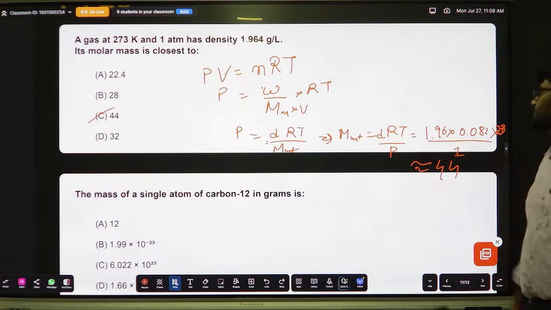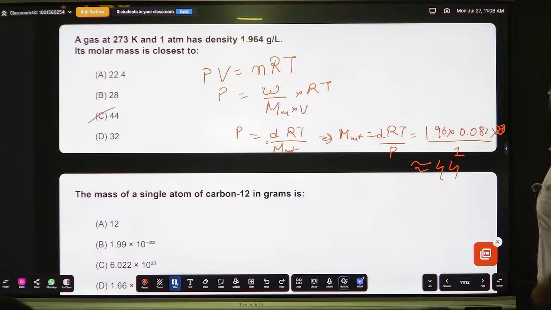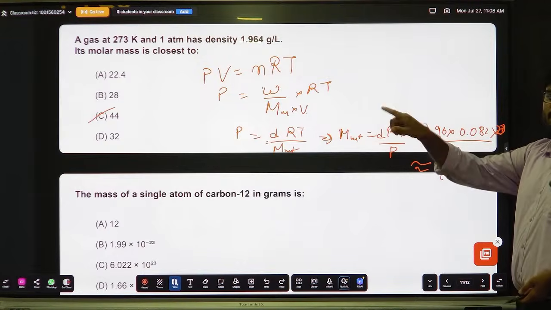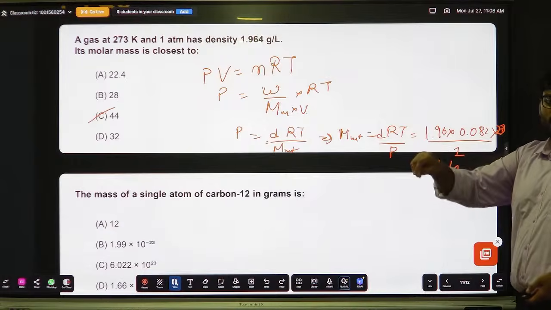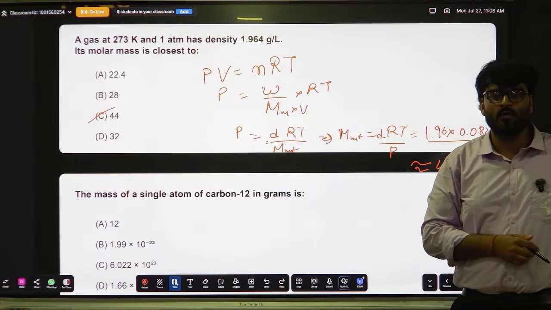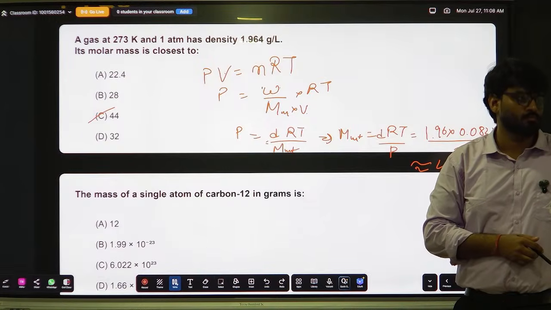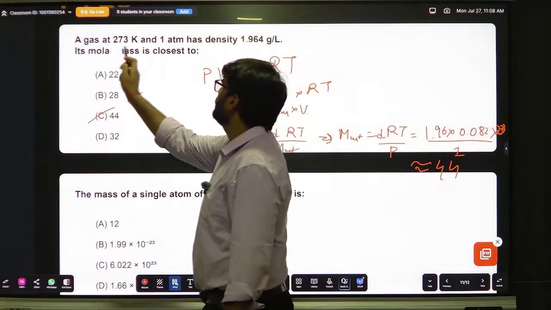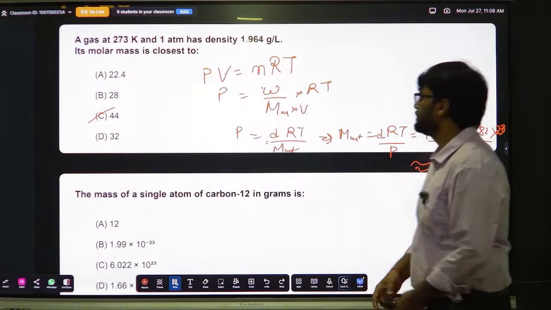We can use this, or either you can use number of mole is equal to V by 22.4, then instead of volume use that. That way also you can do. That is also right because this is nothing but STP only, right?